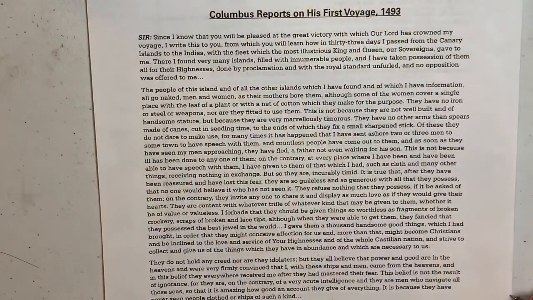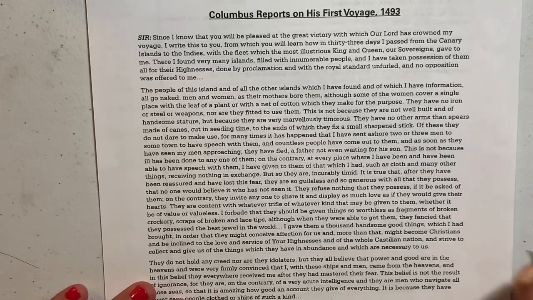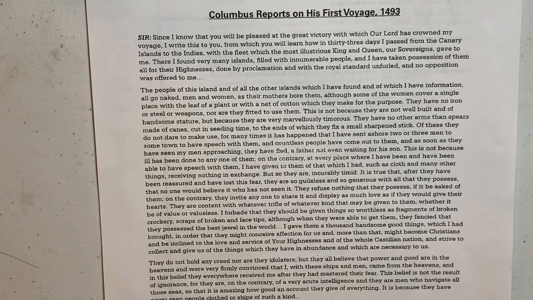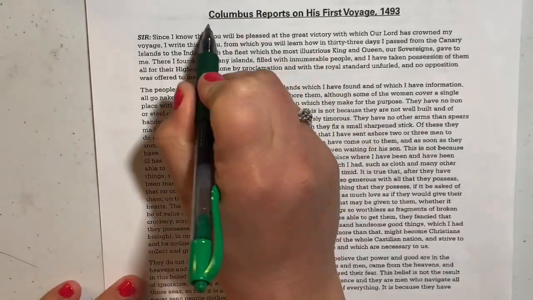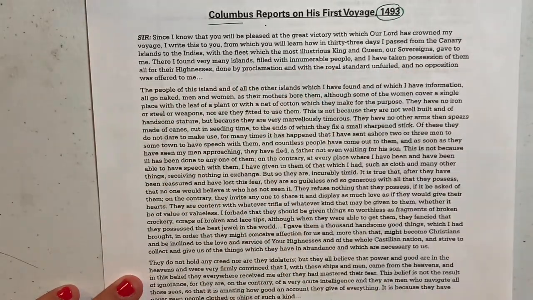Okay, so the first thing that you do when you are analyzing a primary document, you should remember this, is that you look for the textual information. That is who wrote it, when did they write it, what is it, and who was supposed to read it. So this was written by Columbus in 1493. It's a report on his first voyage.